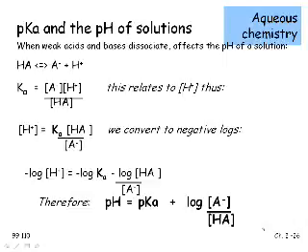When a weak acid and a weak base dissociate, they can affect the pH of a solution. And their tendency to affect the pH of the solution will depend on how likely they are to dissociate. And we can talk about that in a quantitative way by looking at those relationships. Let's look at this weak acid.